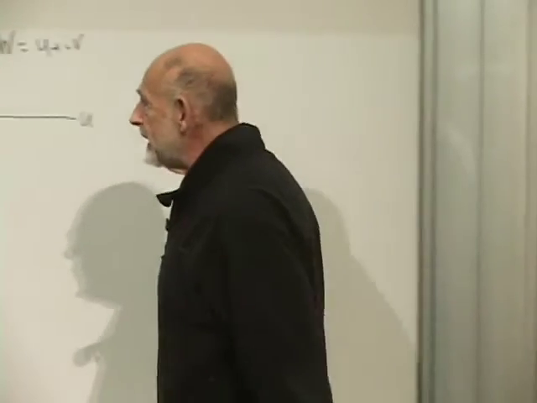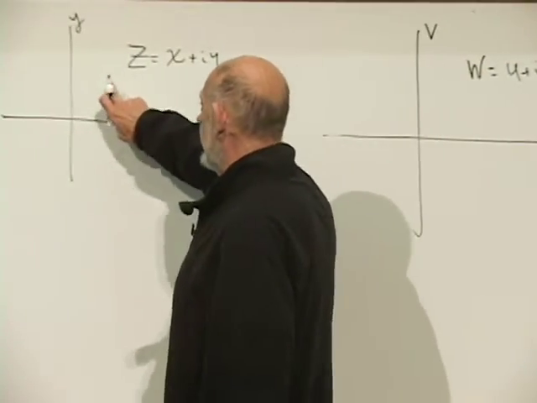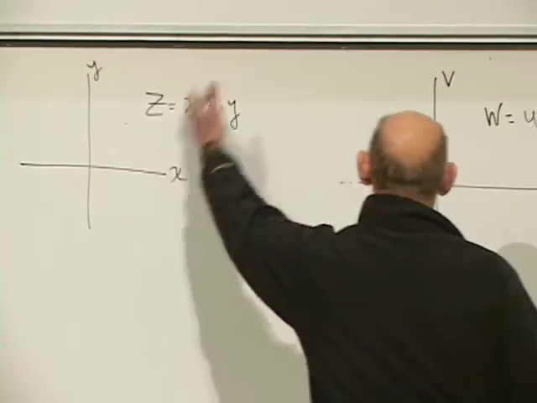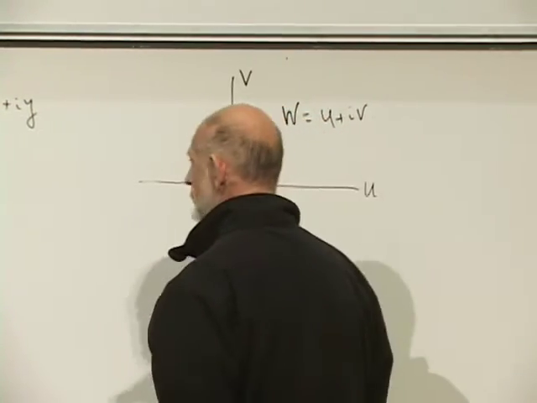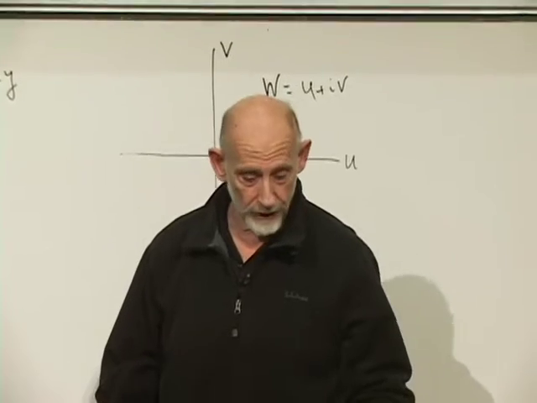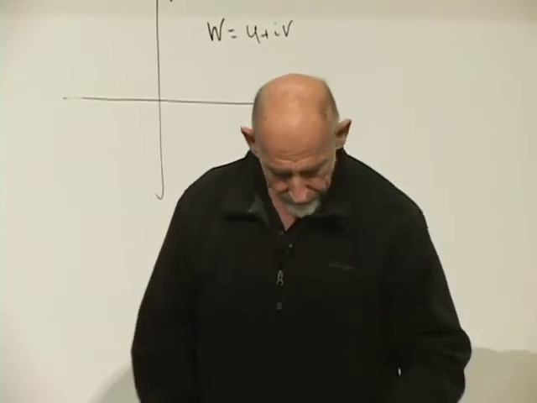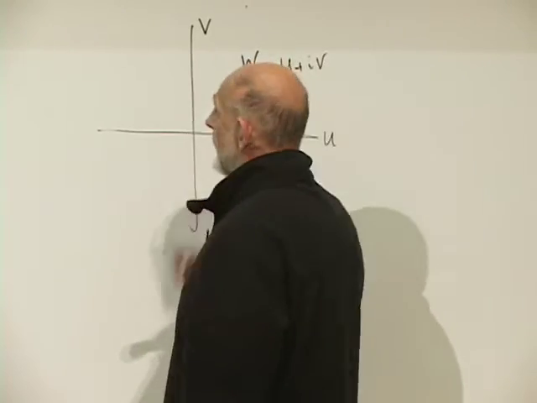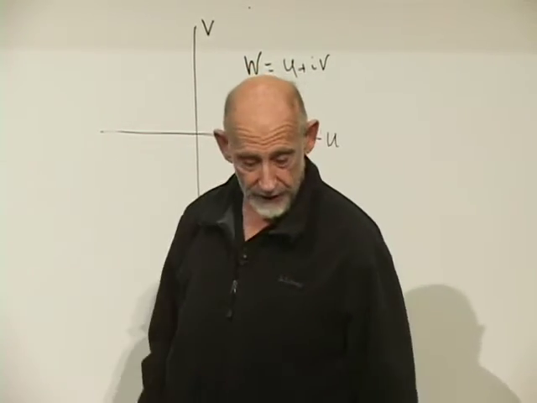This means you can take any point and represent it either by coordinates x and y or by coordinates u and v, and in that sense it's just a coordinate transformation. u and v are functions of x and y, or you can say that w is a function of z.